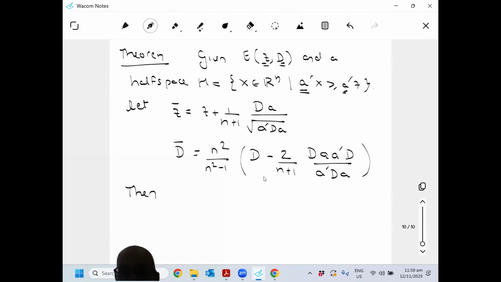Then two things happen. One, if you take the original ellipsoid and intersect it with the half space, it is contained in this new ellipsoid.